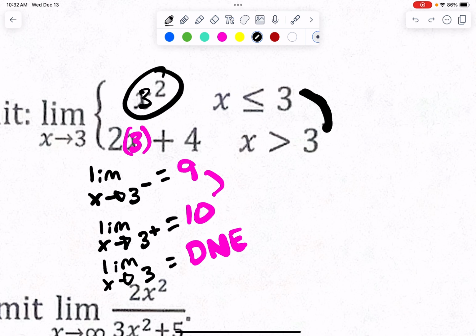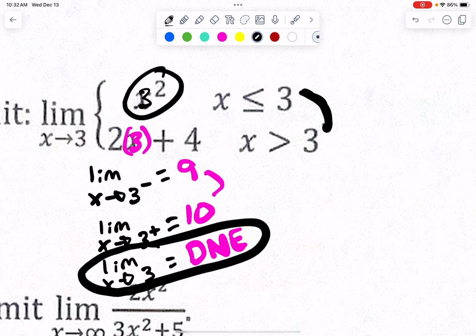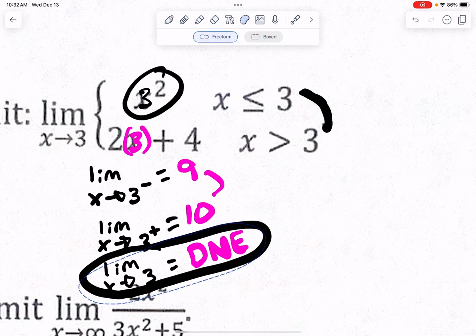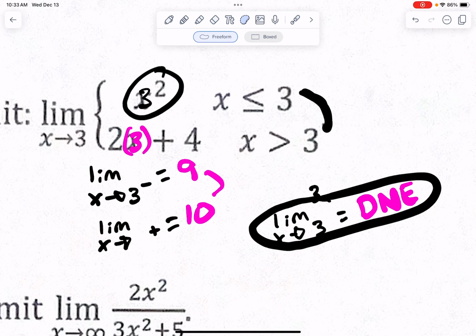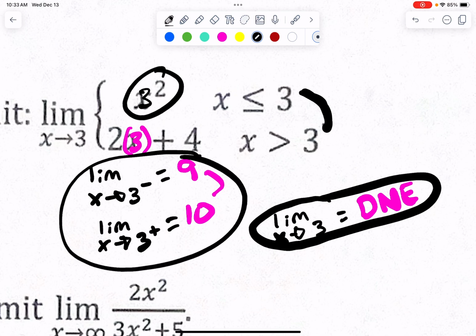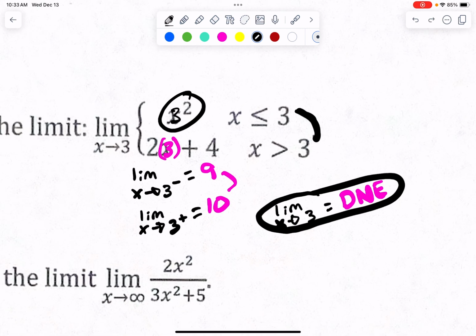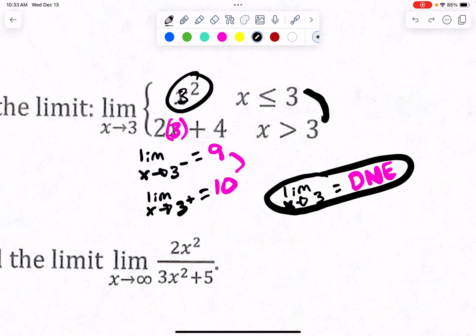But it does not exist because those can't agree. I'm moving the 3 over because otherwise you can't see. I just needed 3 on both sides, but that means I have to look at the left and look at the right. So the final answer is does not exist because left and right can't agree.